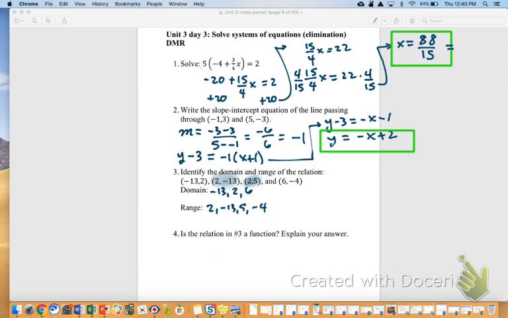It would be 5 and 13/15, I think. Yeah, 5 and 13/15. It's not going to reduce. I would just leave it as 88/15. You could just leave it as a fraction. I would prefer you left it just like that.